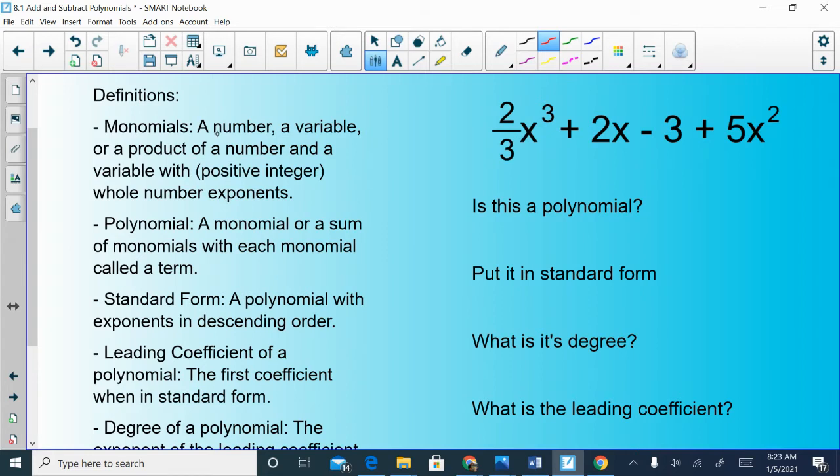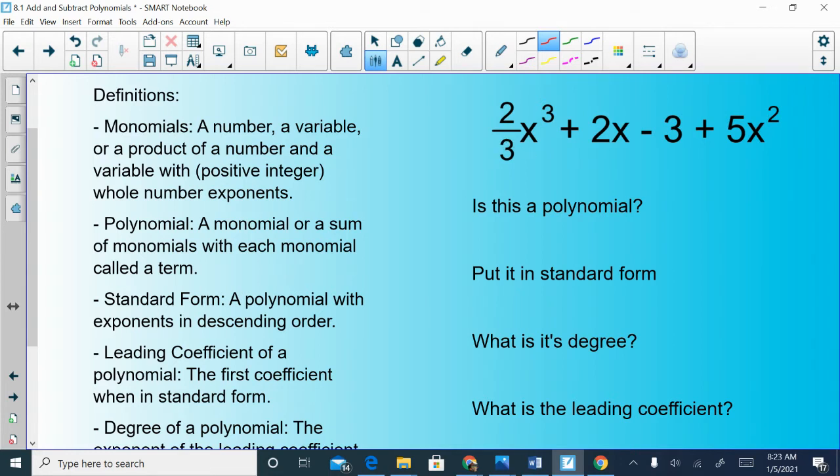Okay, let's look at this. A monomial is a number or a variable, or the product of a number and a variable. This is the product of a number and a variable. And it has to have whole number exponents. So the exponents have to be whole numbers. The exponents cannot be fractions, but the coefficients can be.